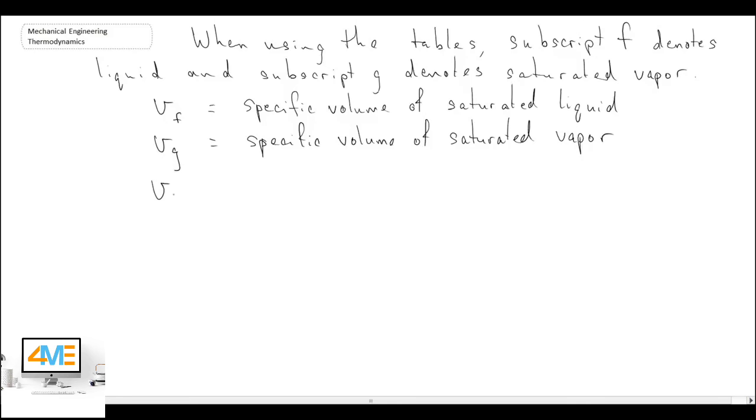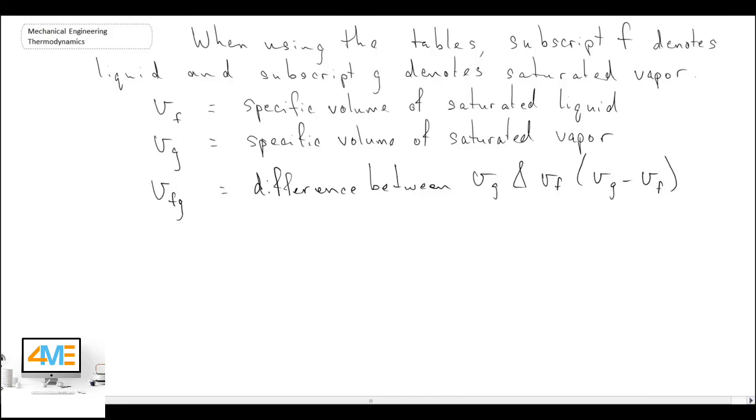We have v_fg, and that is the difference between the two. So it is v_g minus v_f.